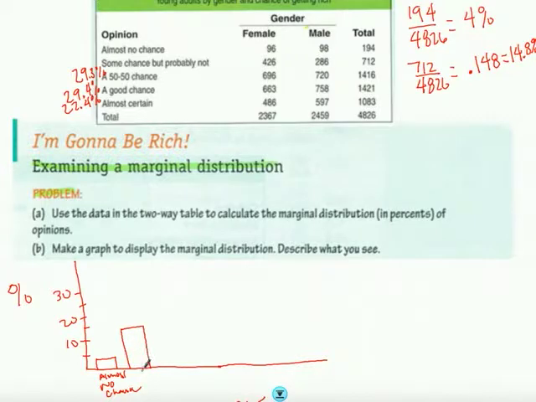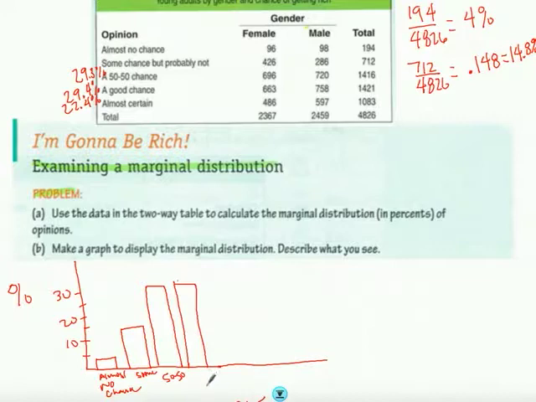And this was some chance, but probably not. 29.3, which was almost to 30, was our 50-50 shot. 29.4 was a good chance, so just a tiny little bit higher than the one we just did, but still not quite at 30.